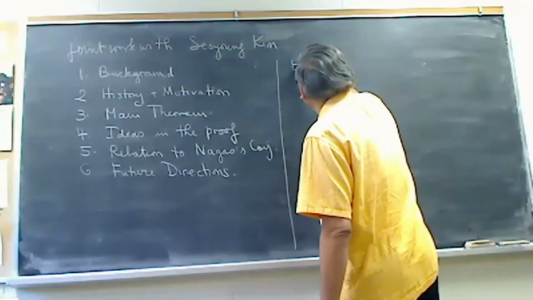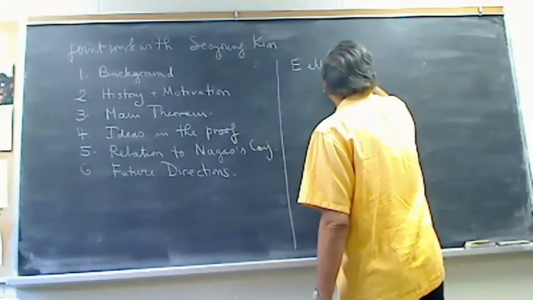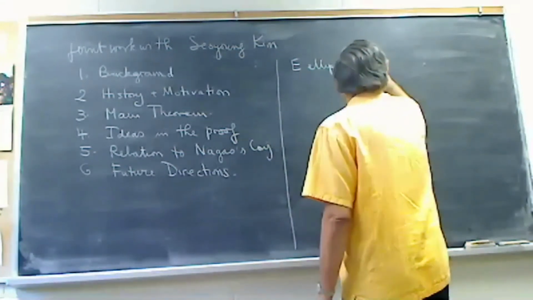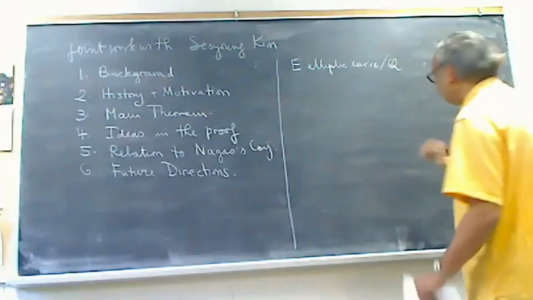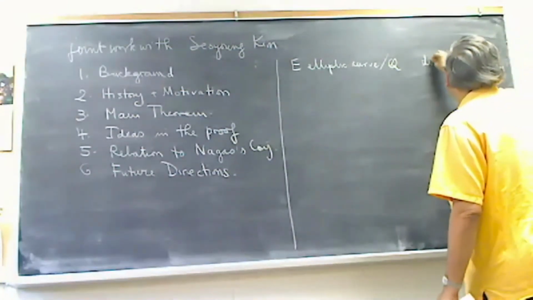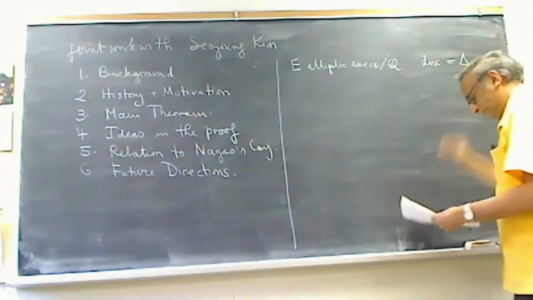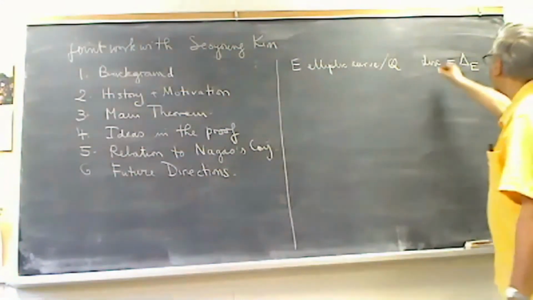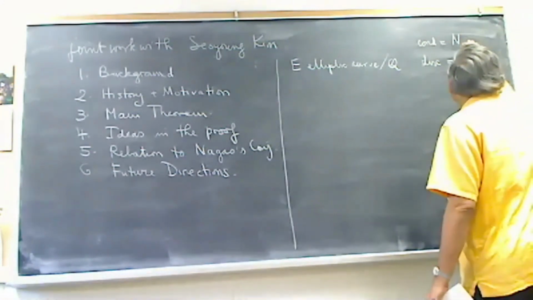So you have an elliptic curve. We will take the elliptic curve over the rational numbers. The discriminant of the elliptic curve is going to be denoted delta sub E, and the conductor will be N sub E.